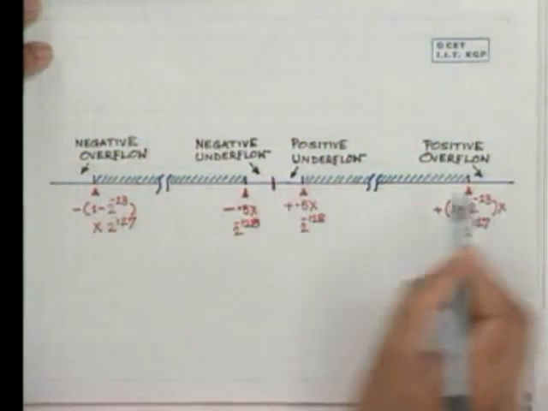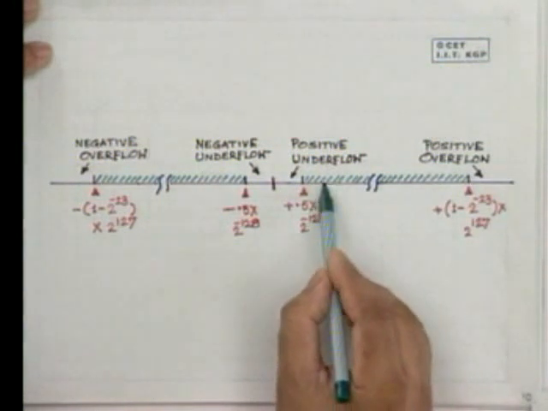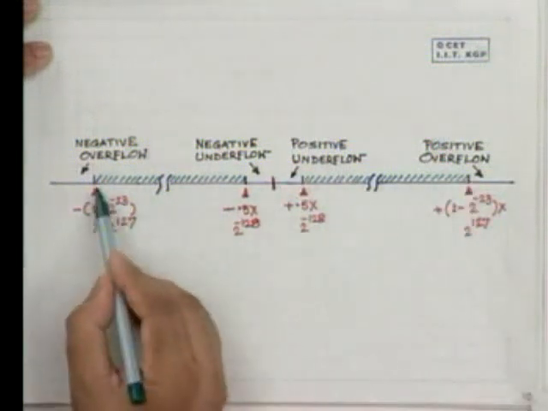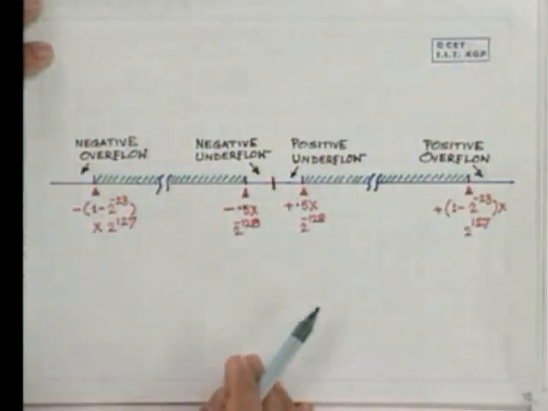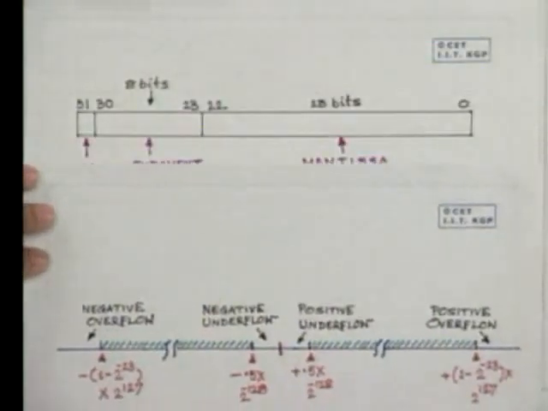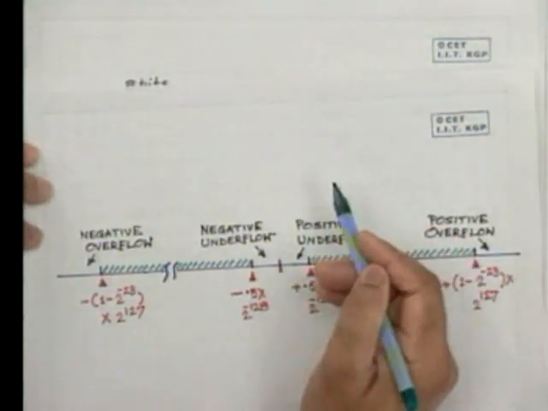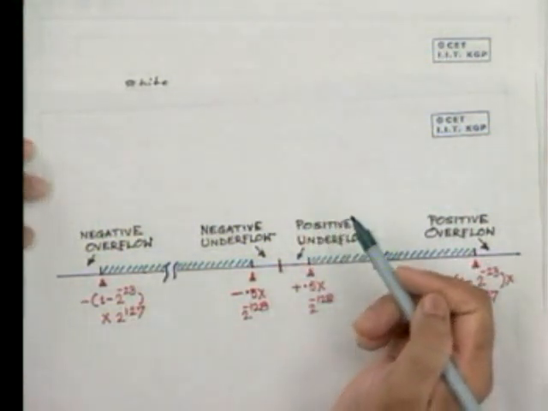Here are the numbers that are not represented. And as we will see, there are many numbers within these 2 limits also, which cannot be represented, the real numbers. This, in fact, we call the floating point representation, and we will elaborate more on this floating point representation and talk about the pitfalls of the floating point representation when we start our next lecture.